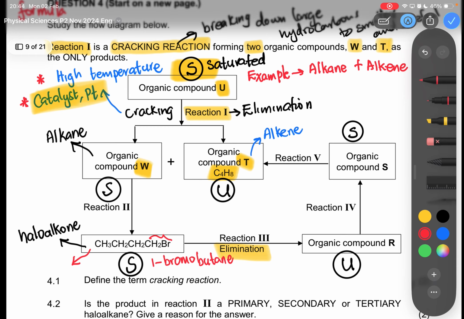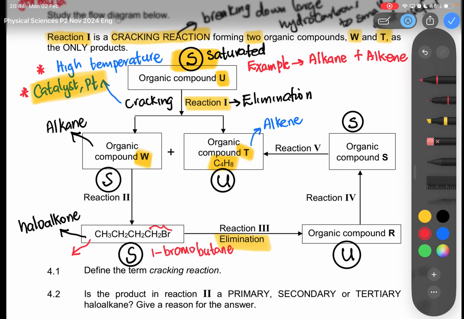So we have that. So it's saturated. If I'm moving from a saturated to a saturated compound, this means that this reaction is a substitution reaction. So the type of reaction that takes place at reaction 2 is called substitution. And again, we need to know what it is that we are substituting.